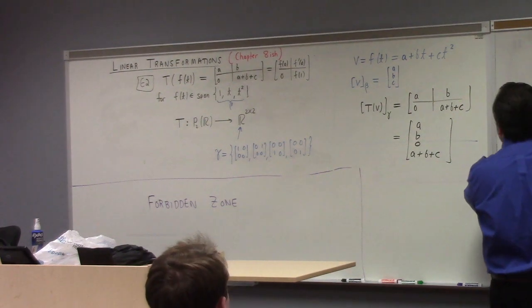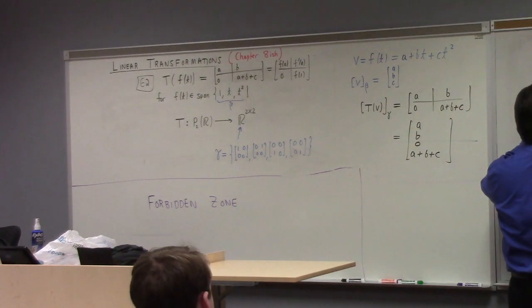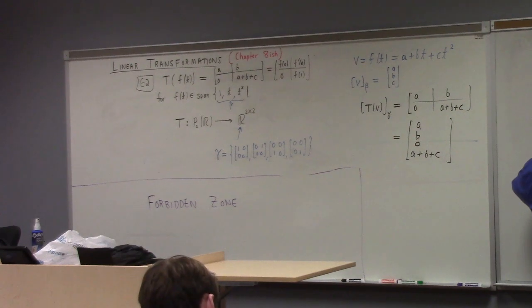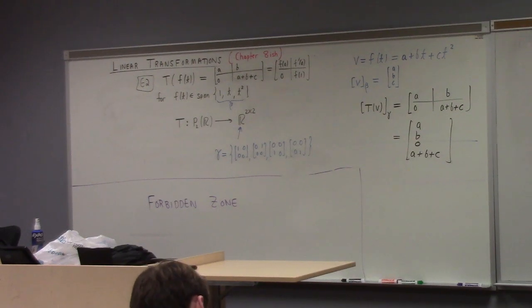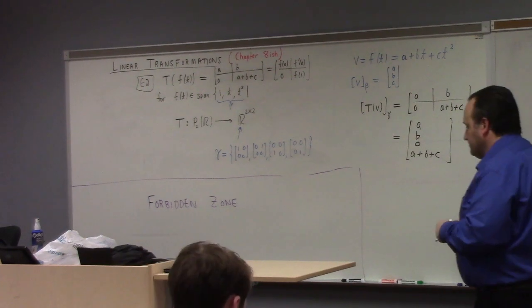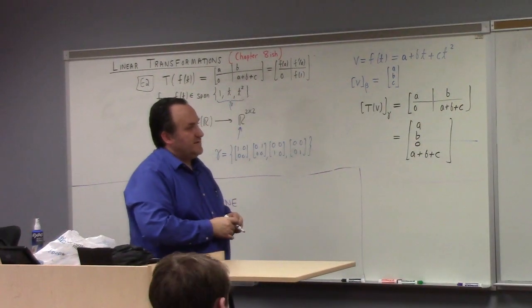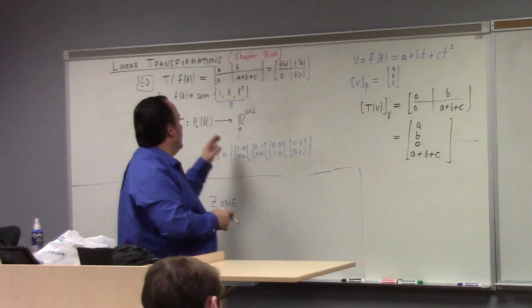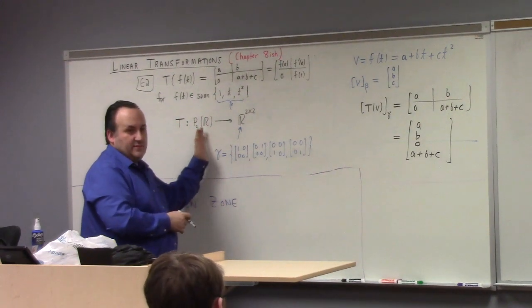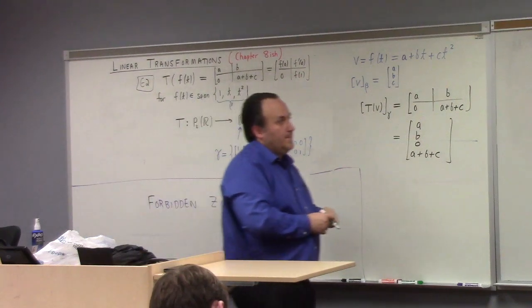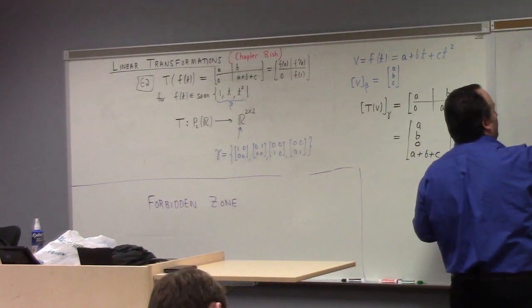But if we multiply A, B, C as our input, our output is supposed to be A, B, 0, A plus B plus C. So what kind of matrix should we have? We're going from a 3-dimensional space to a 4-dimensional space. We expect a 4 by 3 matrix. So this should be a 4 by 3.